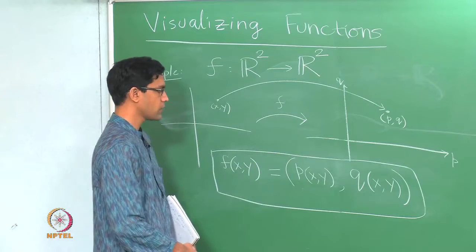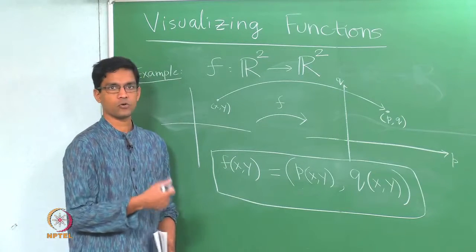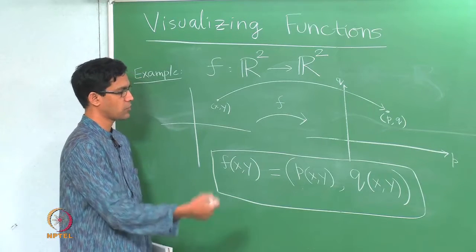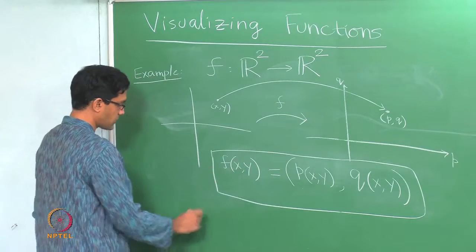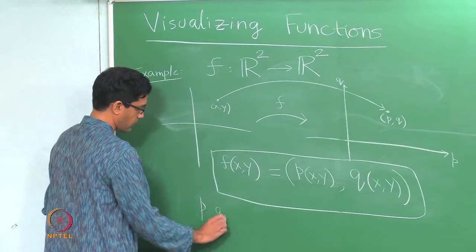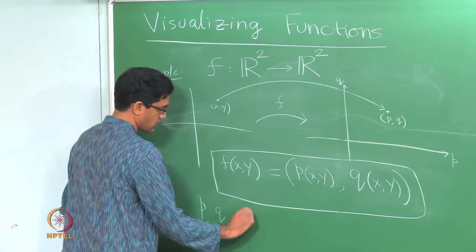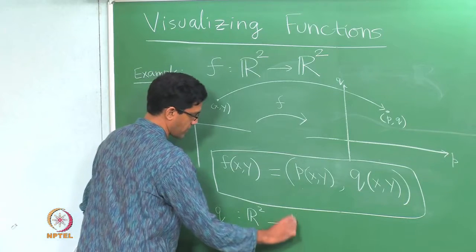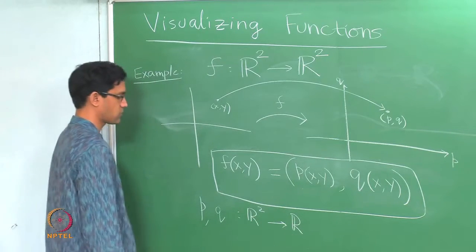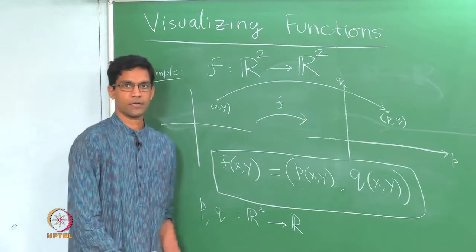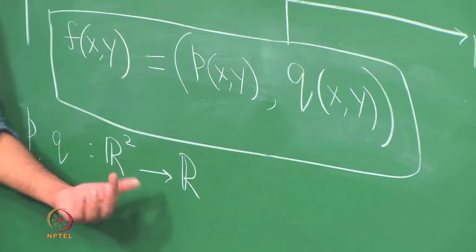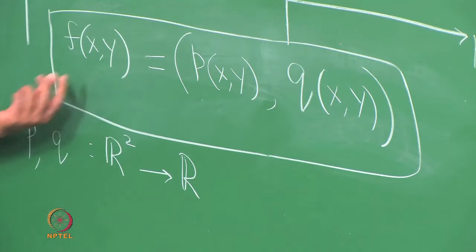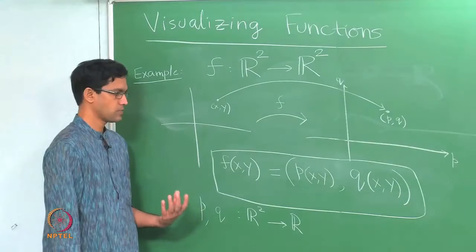So, you should probably think of a map from R2 to R2 as being a package of two functions, the p function and the q function. And what are p and q? They are just functions which do the following: to each point in R2 they only give you one real number. So, it is just a function from R2 to R. Each of these is just a function of a kind we have already studied, a map from R2 to R, and f is really the package of these two functions p and q.